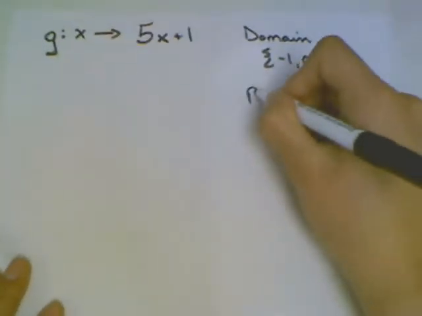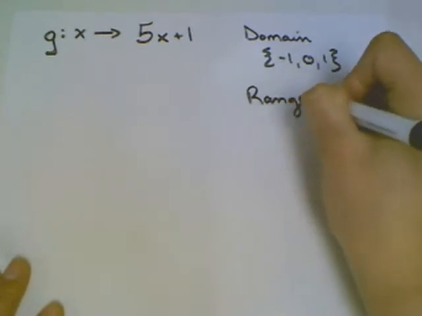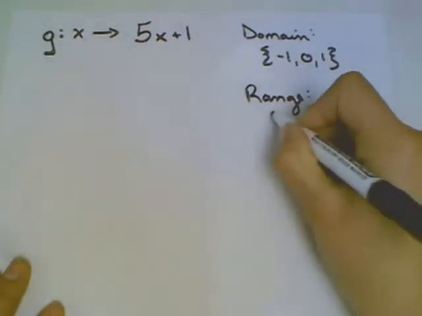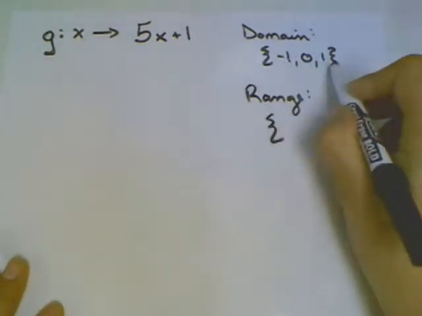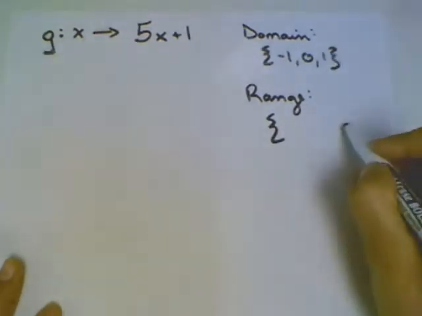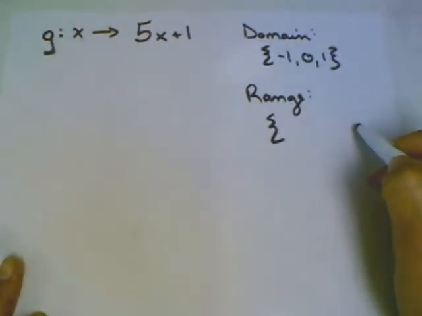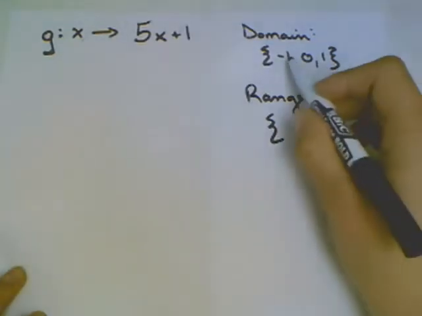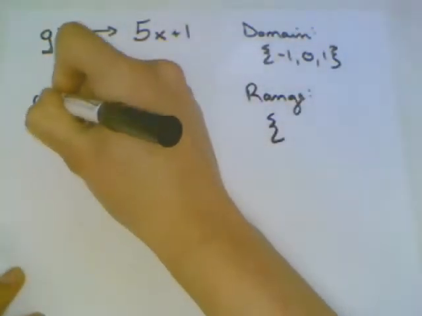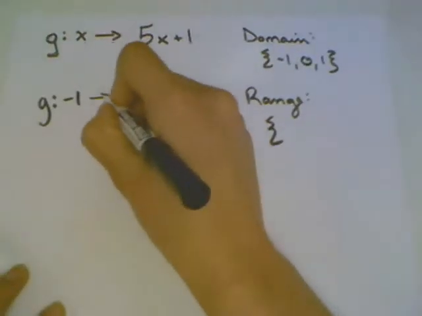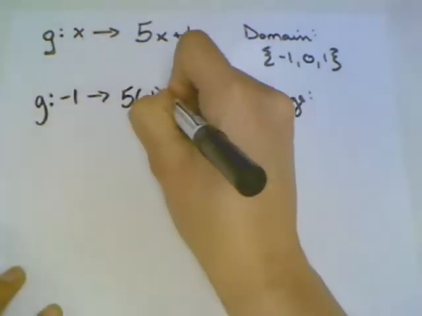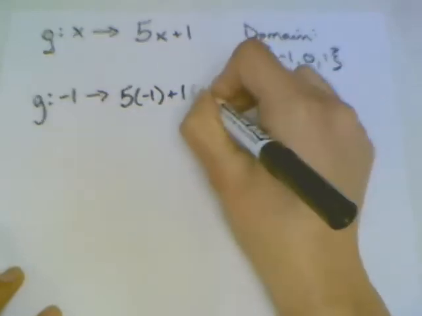I want to figure out the range of this function. Range is the outputs. If these are the only inputs that I can put in, I must have a specific list of what the outputs could be. So I'm just going to do that by plugging in all of my inputs. Rule g of -1 means take 5 times -1 and add 1.